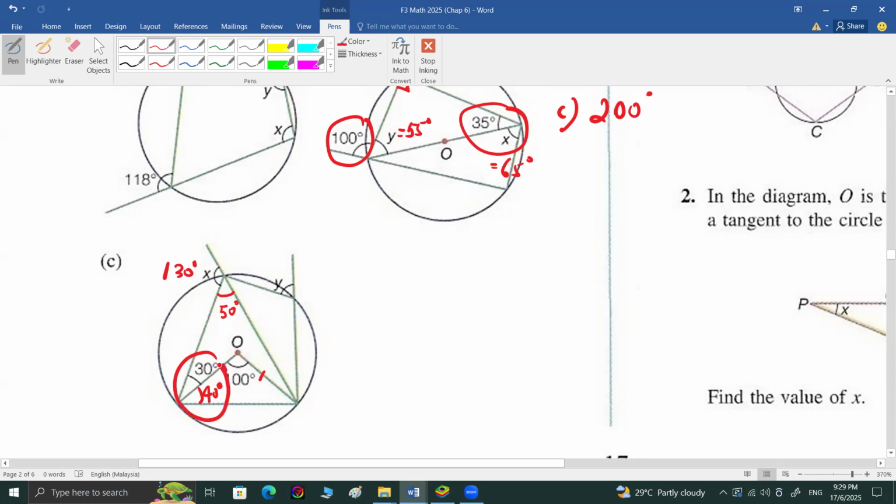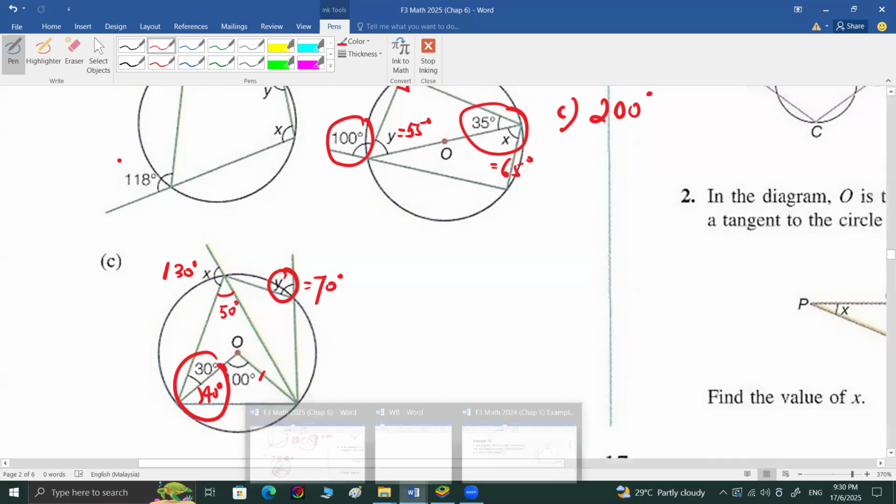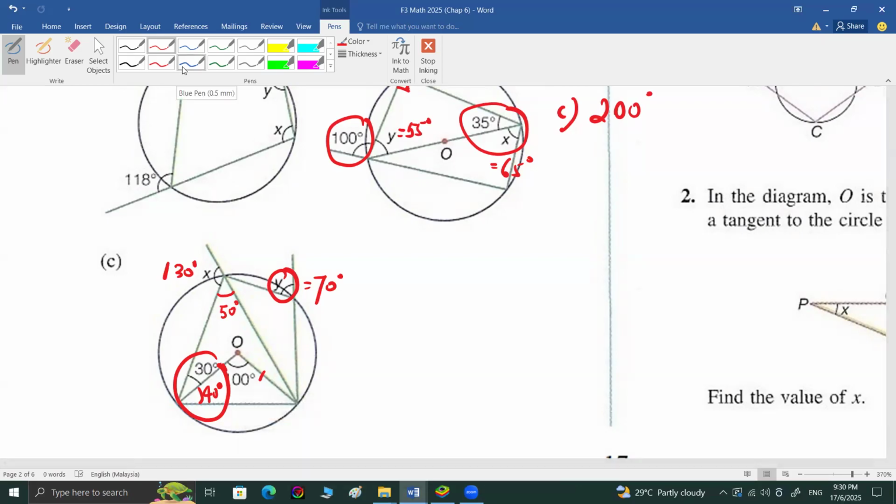And this one, cyclic, the opposite outside. So you get Y that is 70. Can you see cyclic quadrilateral, the opposite exterior? So X plus Y, 200. Okay, can follow? Okay, keep trying question 6 and 7.